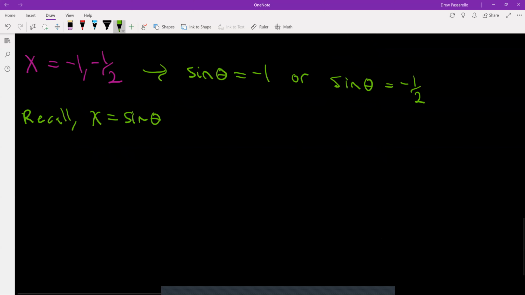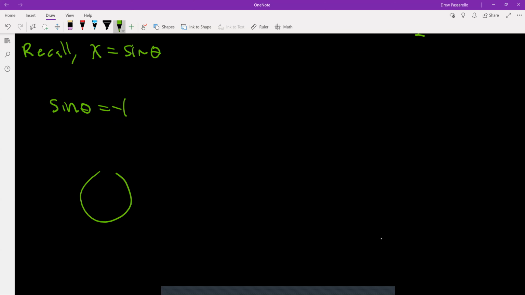All right, and that's where I reference the unit circle. So if I consider the sine of theta equal to -1 on the unit circle, sine is -1 at the point where it's 3 pi over 2. If you were to go around 3 pi over 2, that gives you the point 0, -1 for the angle theta.